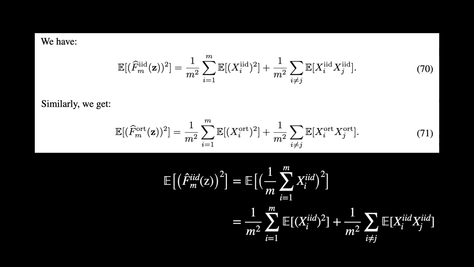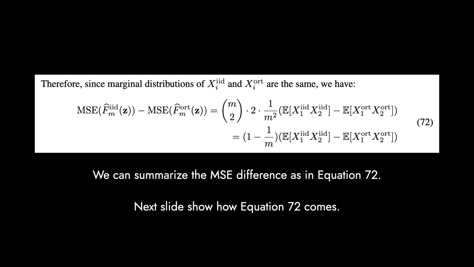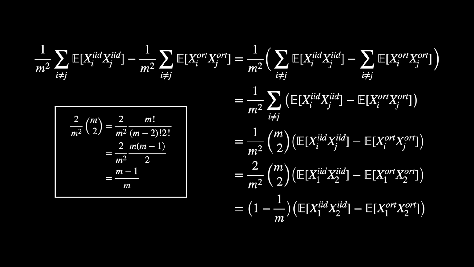The next equations 70 and 71 use the multinomial theorem to expand. We can summarize the MSE differences as in equation 72. The next slides show how equation 72 comes. Here, the point is the rearrangement of the coefficients in the multinomial theorem.